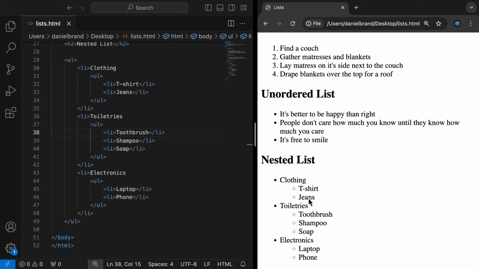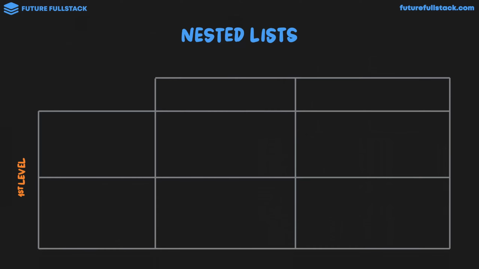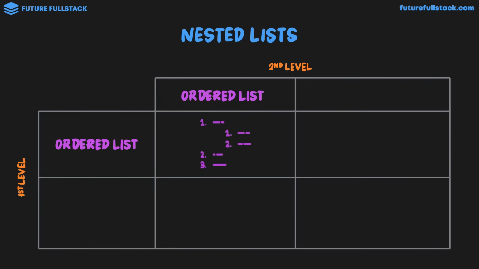border. I want to finish off the concept of nested lists by highlighting you can mix and match ordered and unordered lists. I'll be building this table where the first level represents the parent list, and the second level represents the nested list or child list. So let's fill it out. If we had an ordered list as the parent, and an ordered list as the child, it would look like this.